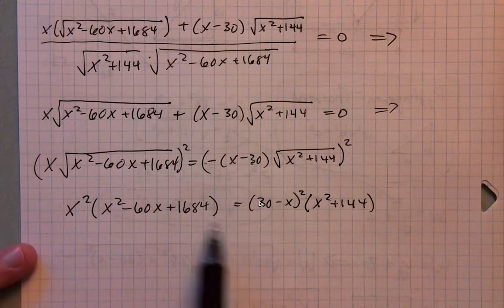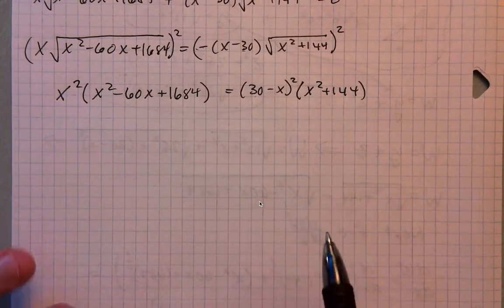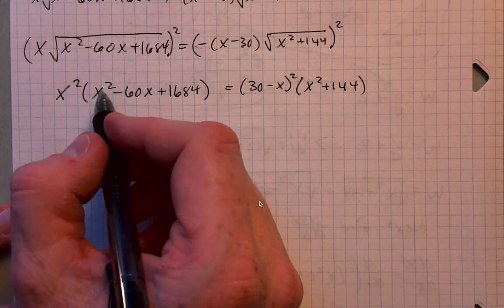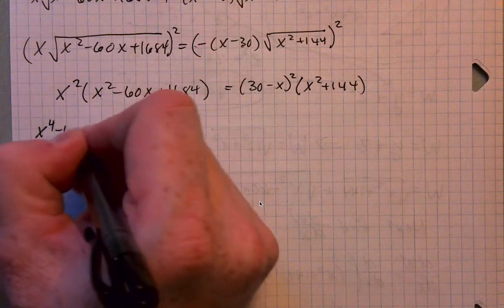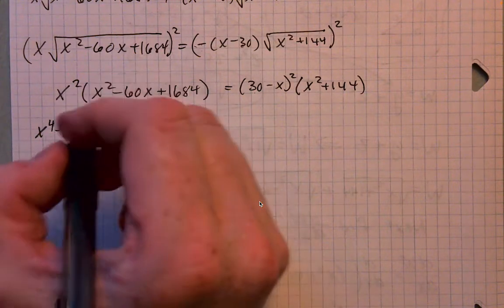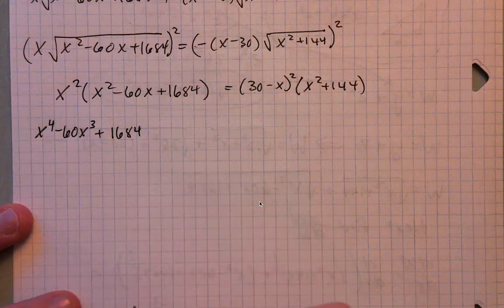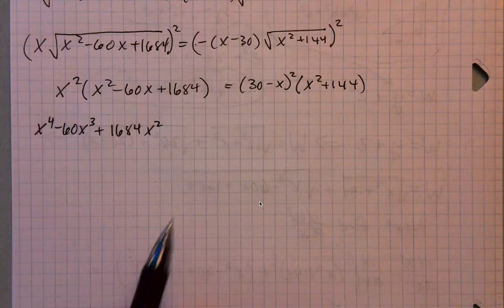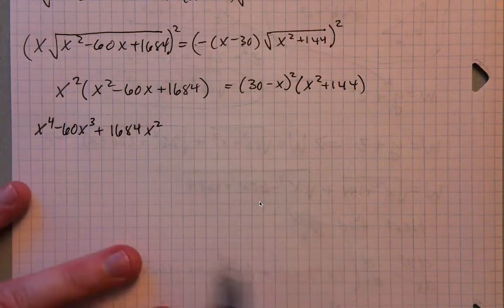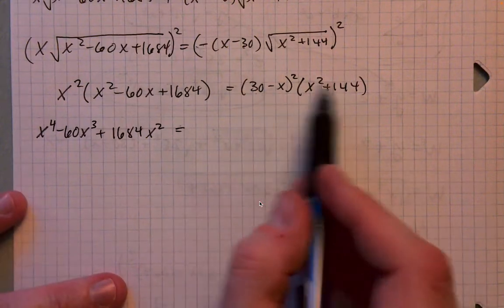All right, now while they're separated like this, let's go ahead and expand each side here. Okay, and so over here you're going to get x to the 4th minus 60x cubed plus 1684 x squared. Okay, and I actually did this ahead of time just because I didn't want to have to resort to the calculator here, but we can also do the same thing over here, right?